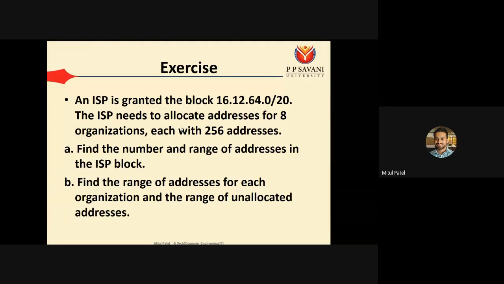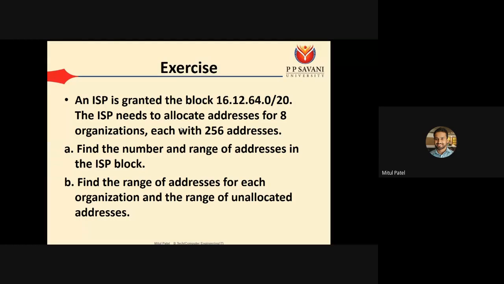Our mask is 20, so the total number of addresses will be 2 raised to 32 minus 20, which is 2 raised to 12. 2 raised to 7 is 128, 2 raised to 8 is 256, 2 raised to 9 is 512, then 2 raised to 10 is 1024, 2048, and 4096. So the total number of addresses is 4096.